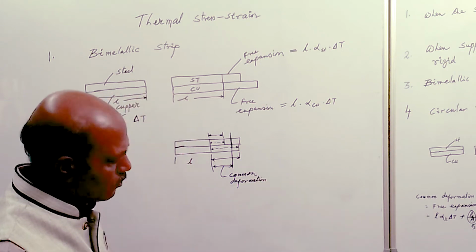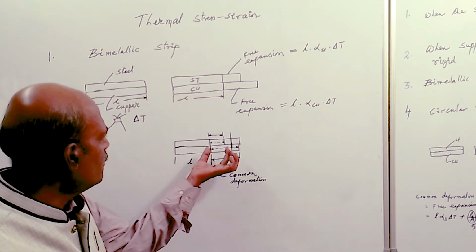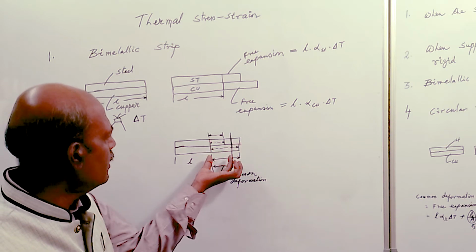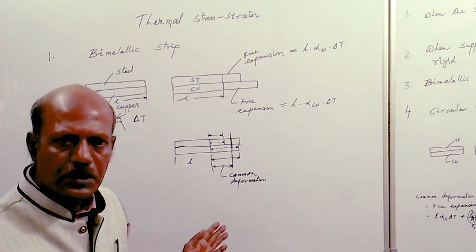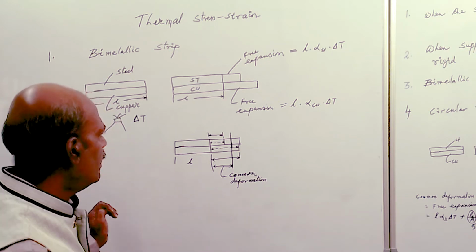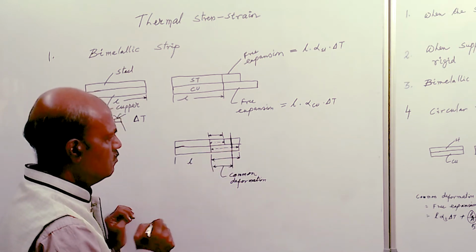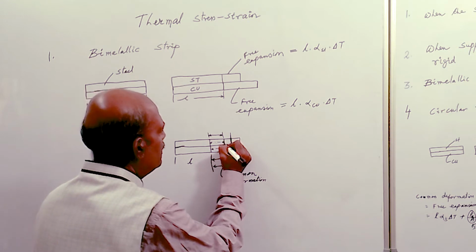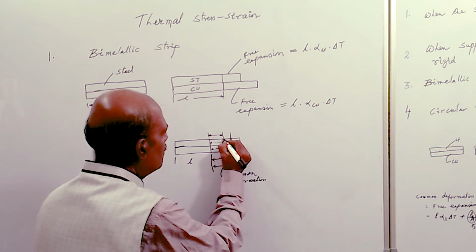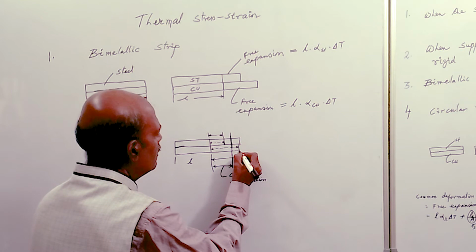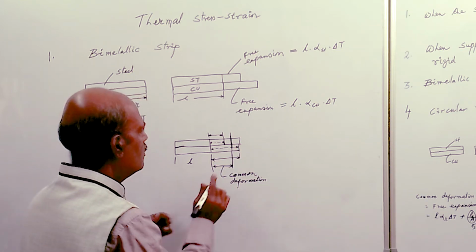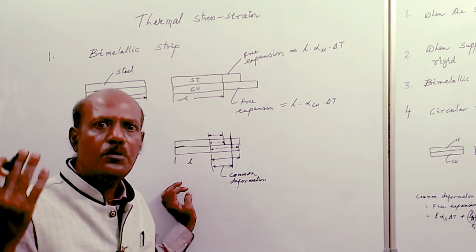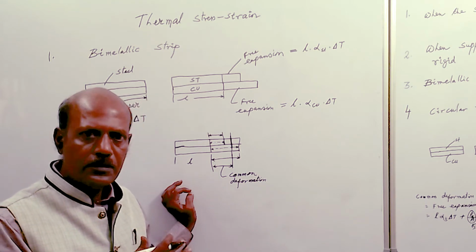What is the value of this common deformation? The common deformation on the steel bar as well as the copper bar will be the same. Due to this, the steel bar will be extended less than its free expansion and the copper bar will be depressed by this amount. Because of this, a force is developed in the bars.